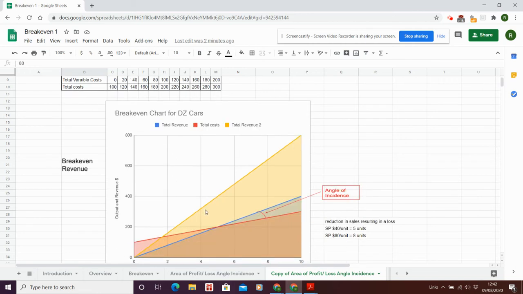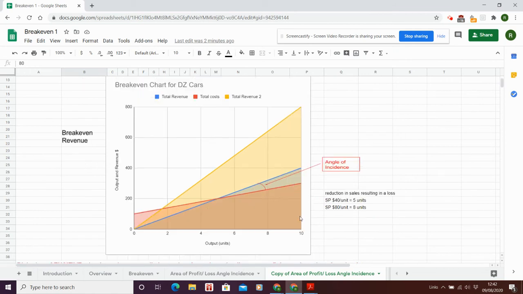So, for example, here, if I had a relatively small change in the revenue, then quite quickly the revenue curve would fall below the cost curve.